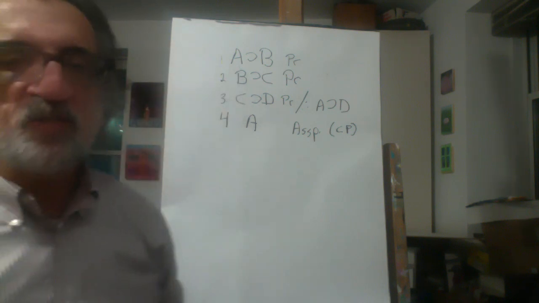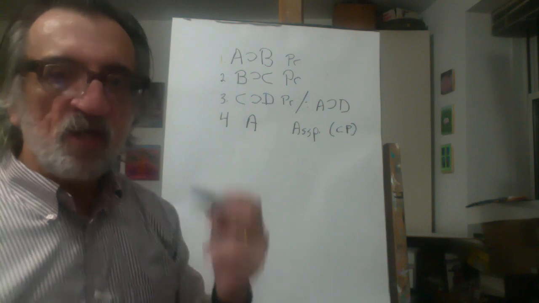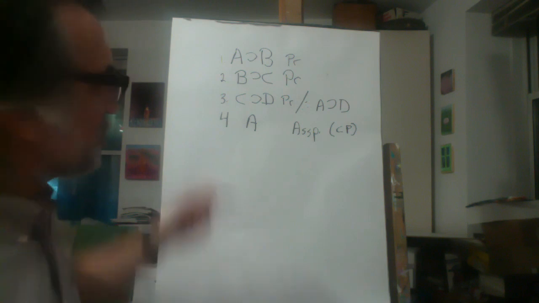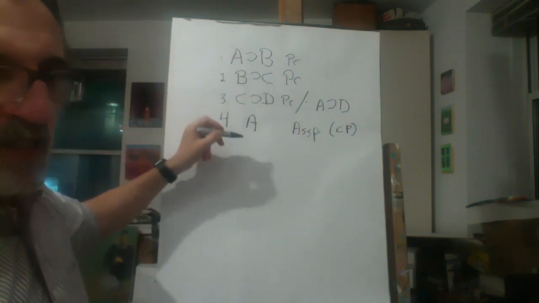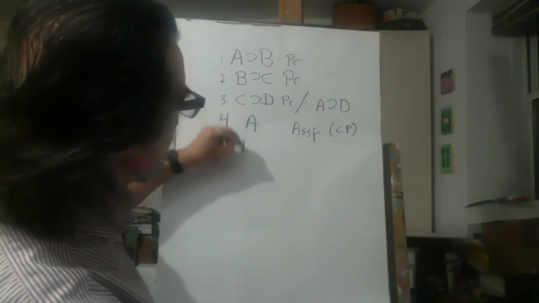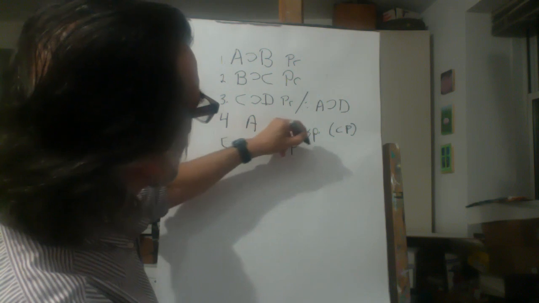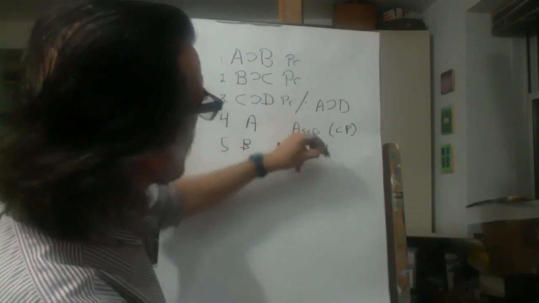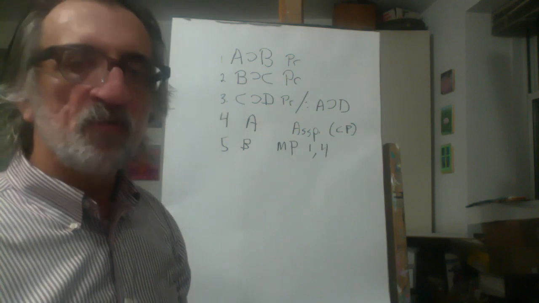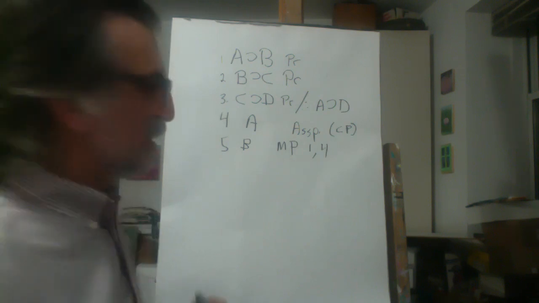Well, you immediately see that from premise 1 and from line 4 taken together, you can use modus ponens and come up with B, right? If A, then B, A, therefore B. You now look up to line 2, and you see how you can reapply modus ponens.